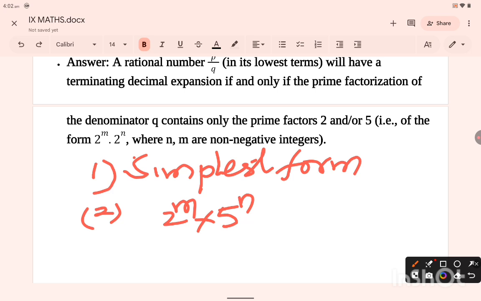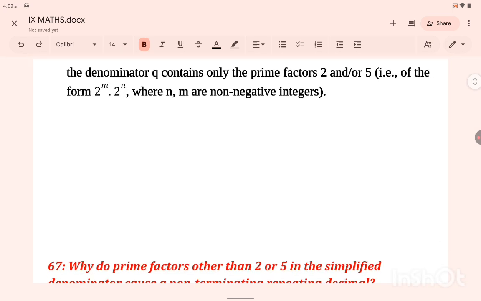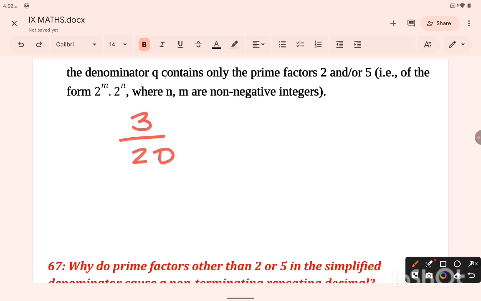For example, 3 by 20. In 3 by 20, numerator 3, denominator 20. Both numerator and denominator have no common factors other than 1.